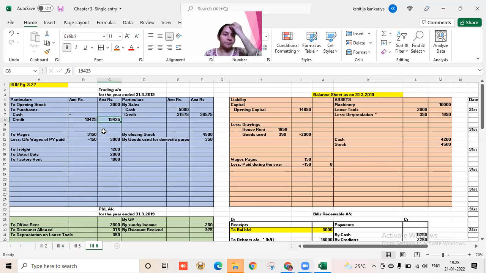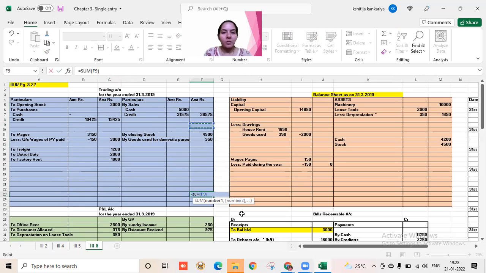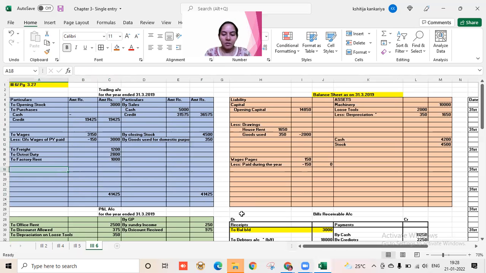Okay. So this will close all our ledgers now. We can close the balance sheet. So take the total of the trading account. Which side is more? Seems to be the credit side is more. Let's find out the GP. Take the total of the credit side. Copy this to the debit. Find out the GP. Gross profit.